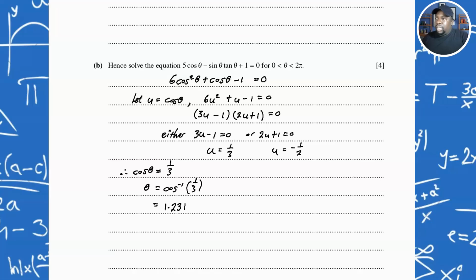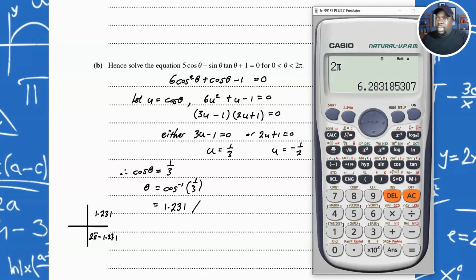And if you consider the quadrants, we know that cos is positive in the first quadrant, where we got the value 1.231, but it is also positive in the fourth quadrant, where it'll be 2 pi minus theta, which is minus 1.231. So the other solution should be 2 pi minus this.